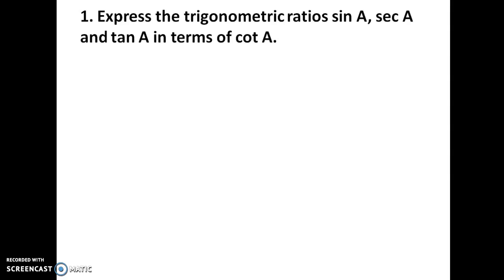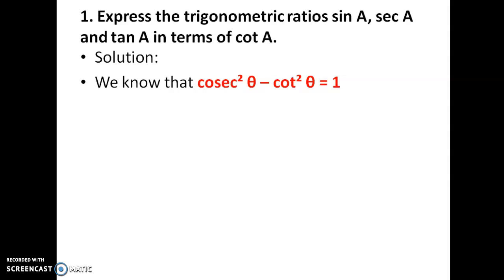So first problem, express the trigonometric ratios sin A, secant A and tan A in terms of cot A. So we have to represent sin A first in terms of cot A. We know that cosecant square theta minus cot square theta equal to 1.